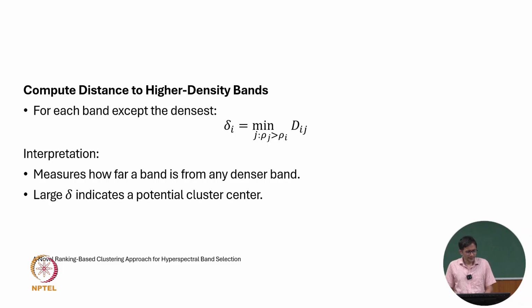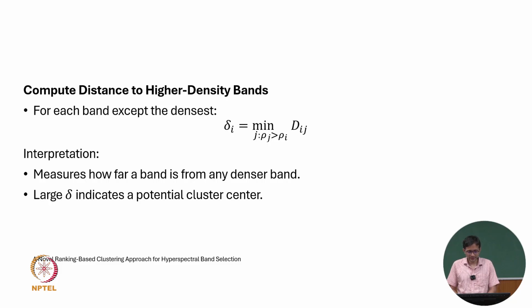So what we can do is compute this term, delta I, and this measures how far a band is from any denser band.